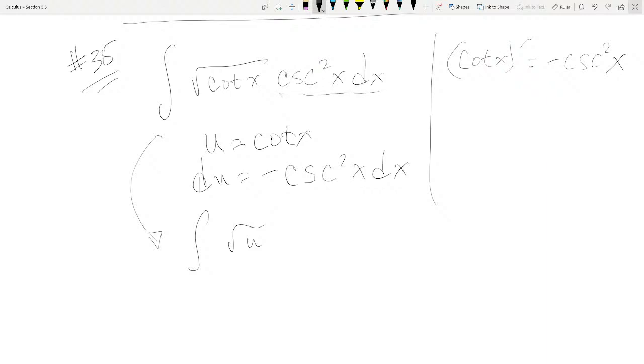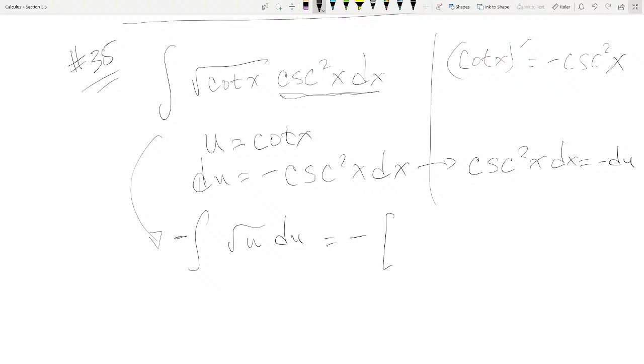What's remaining to be substituted for is cosecant squared x dx, which is minus du. So I put my du here and my minus. Those are essentially equivalent integrals, but I prefer to do this one, much easier for me.